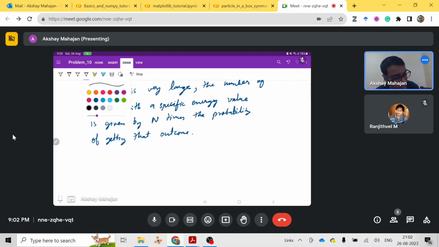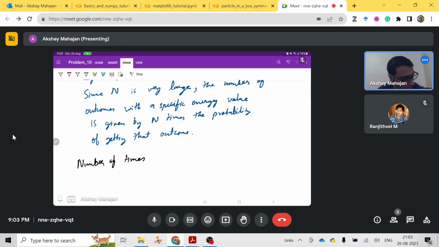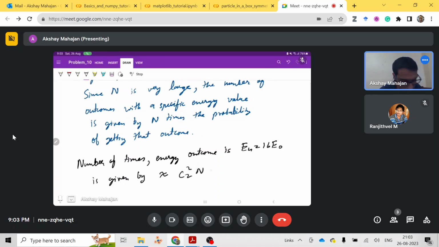Similarly, the number of times the energy outcome is E4 equals 16 E naught is given by, again approximately, C2 square times n, which equals 2n by 3.